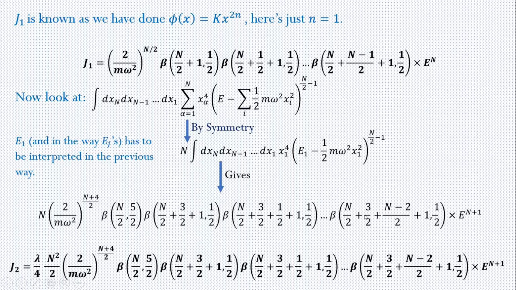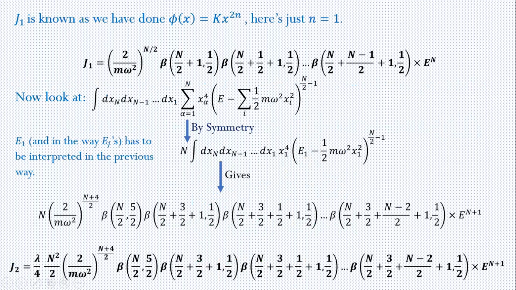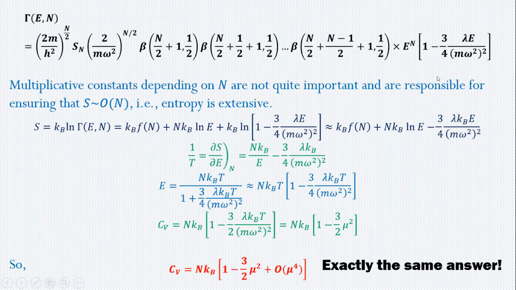So we have J2 and J1, and that will give us gamma. As you can see, this is the portion of the constant factor of J1 which is taken out. Note that J2 has E to the n plus 1 and J1 has E to the n, so E is left out. Then this part is just algebra, the ratio of the two constant factors of J2 and J1, which after evaluation comes to this.